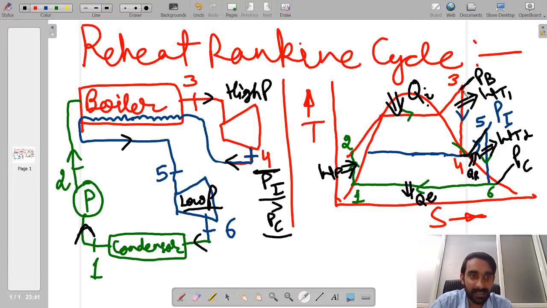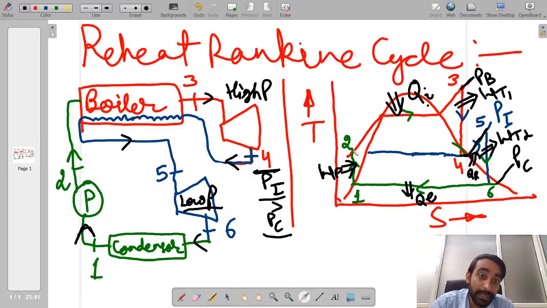In our reheat cycle, along with heating from point 2 to point 3, we are also heating a certain amount of steam from point 4 to point 5. So the overall heating process will be a combination of process 2 to 3 and process 4 to 5.